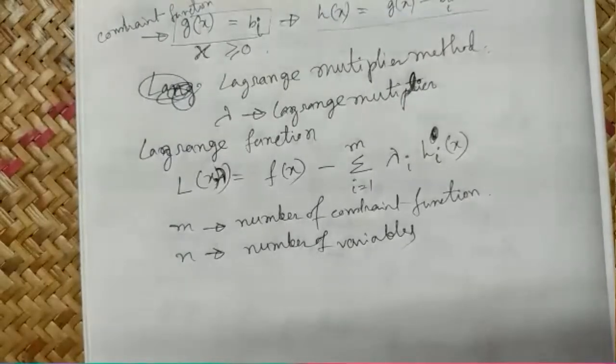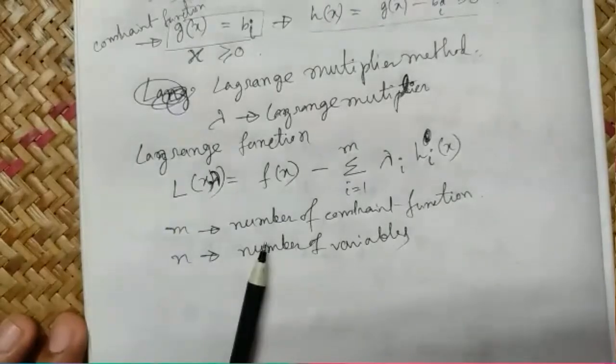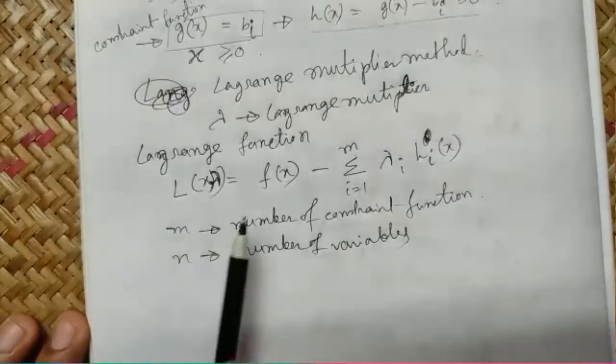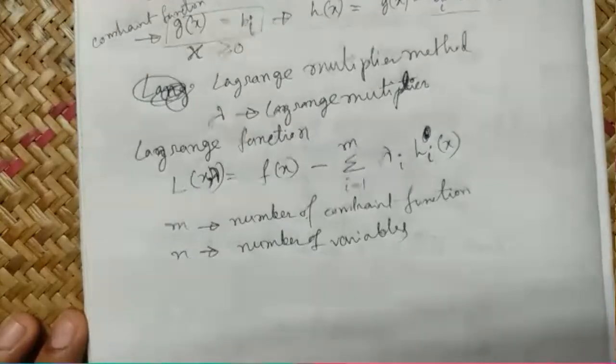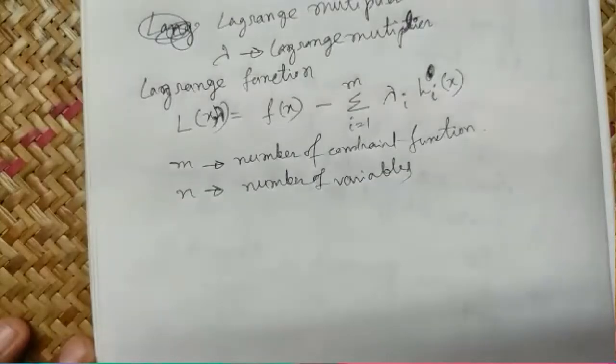Now our job is to do partial derivatives with respect to all the x's and all the lambdas. So if there are two or three variables, that is x1, x2, x3 given in the objective function, then for each variable this L will have a partial derivative.